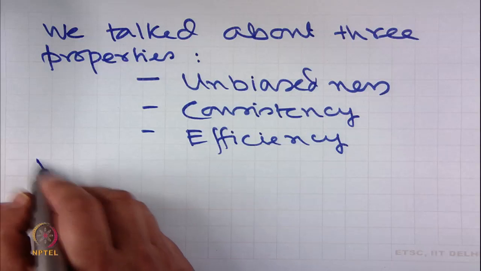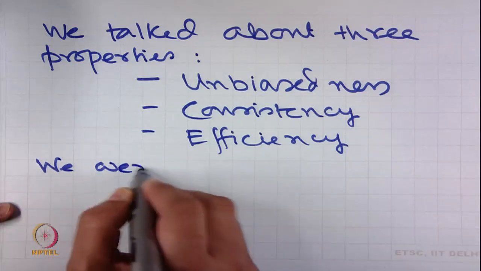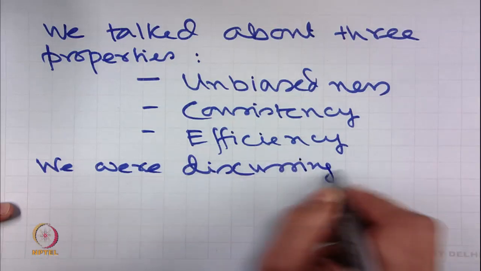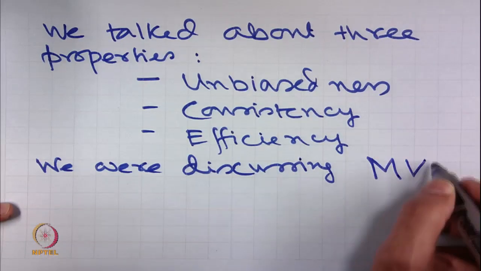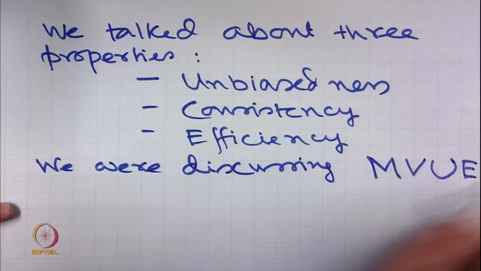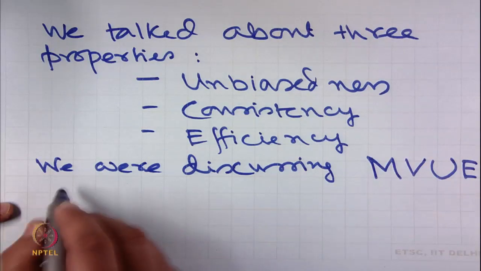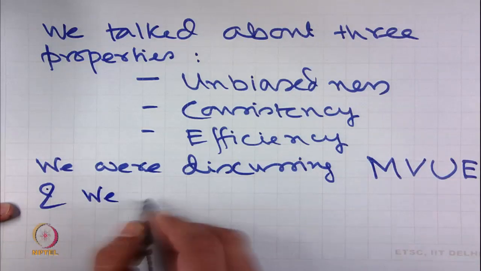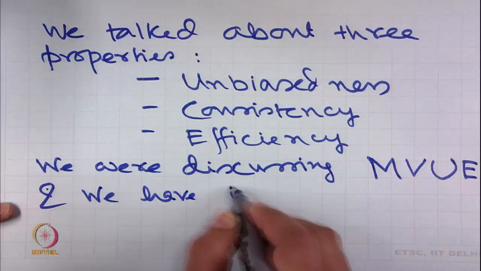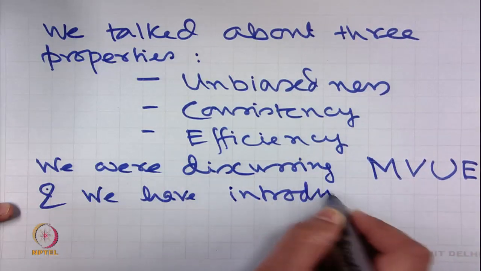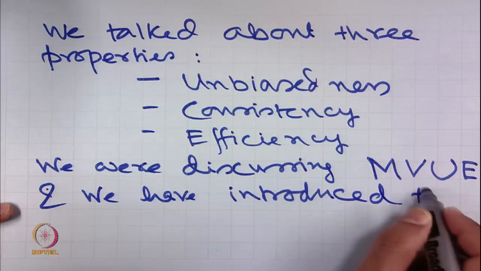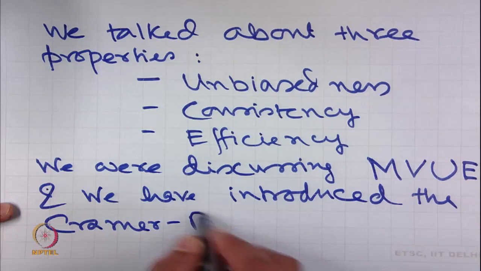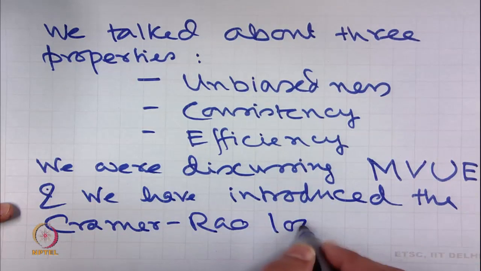We are talking about minimum variance unbiased estimate, and we have introduced the Cramer-Rao lower bound.